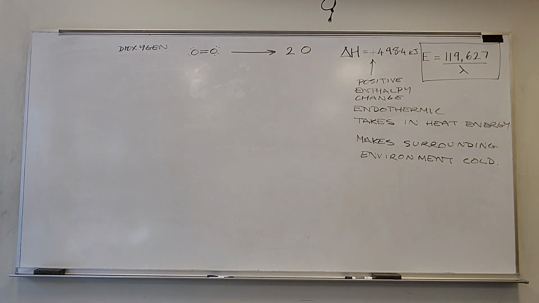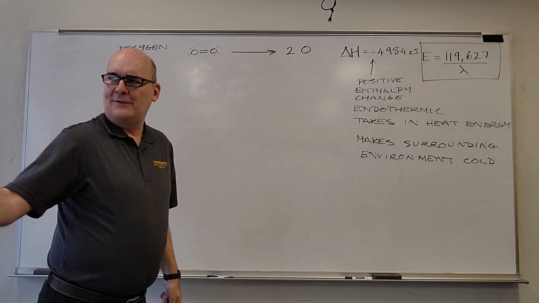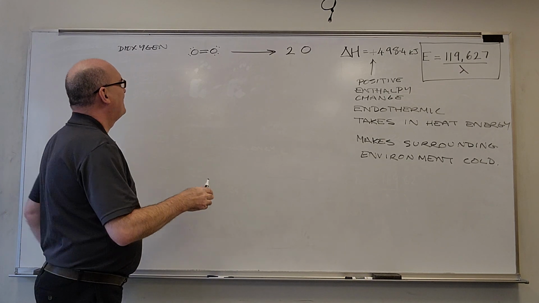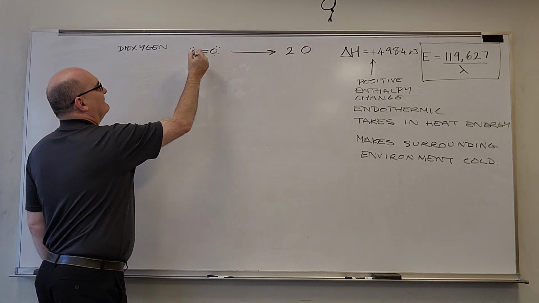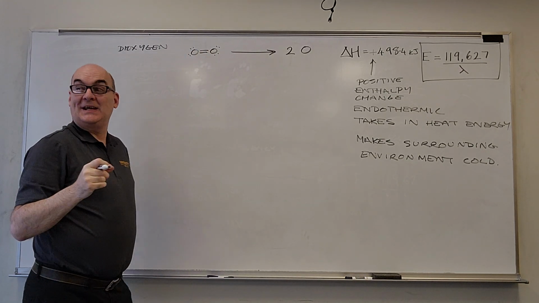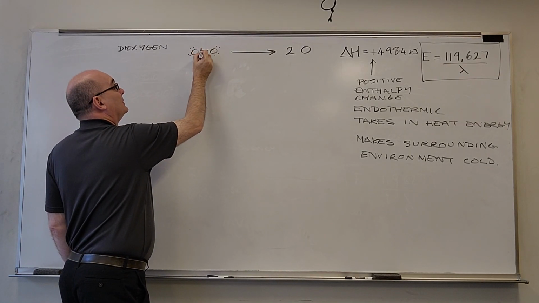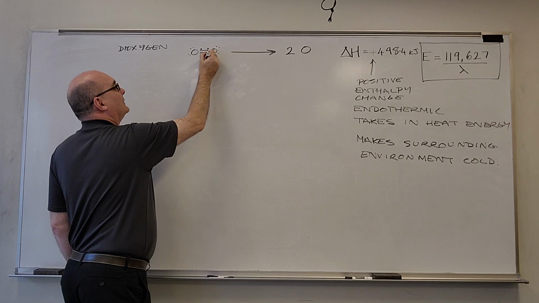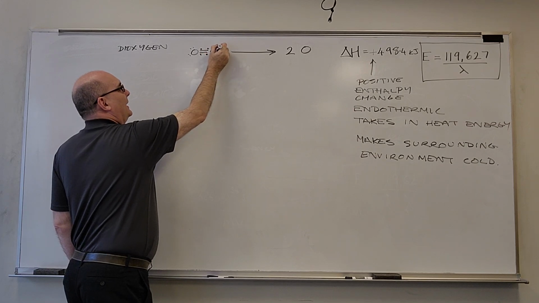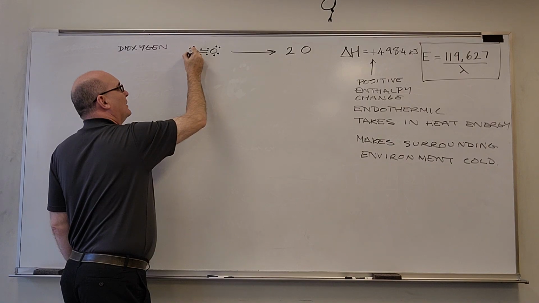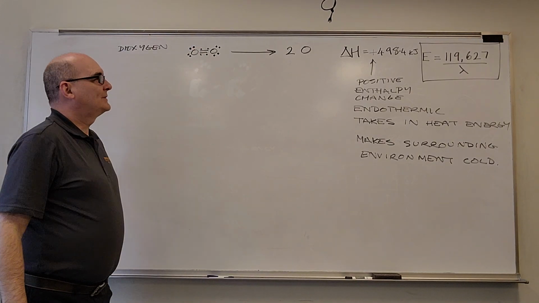Okay. All right. So there is oxygen. One thing that I haven't seen the book do yet, but we should think about. Oxygen, group 6, has 6 valence electrons. Each of these oxygens has 6 valence electrons.